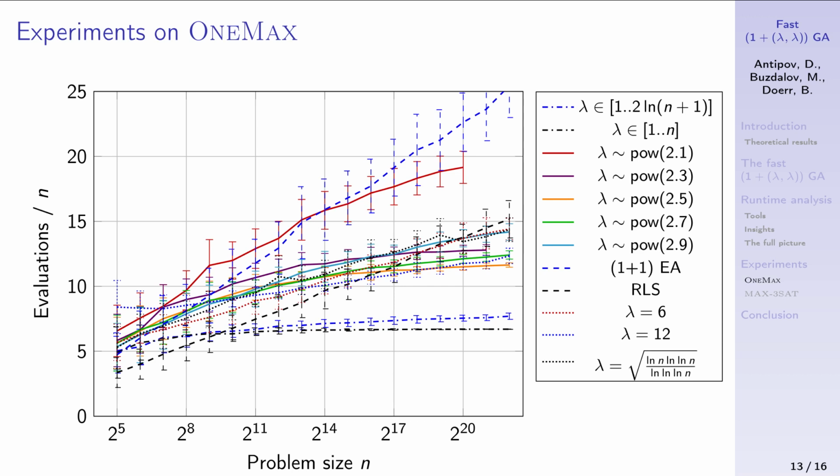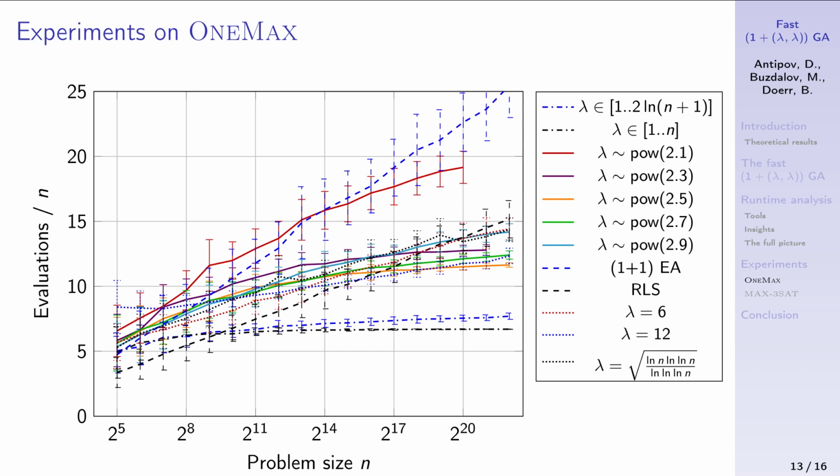Solid lines here correspond to the fast GA. The dashed lines correspond to the hill climbers, and they are both outperformed by the fast GA on the large population sizes. Actually, the (1+1) EA outperformed it in the very beginning.